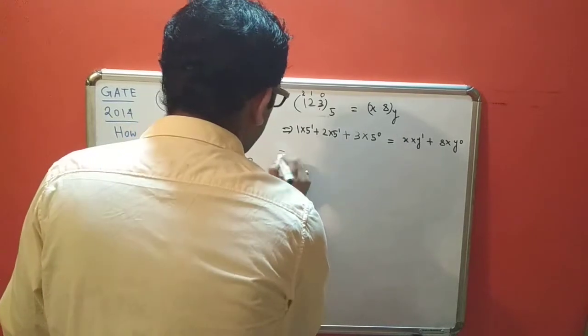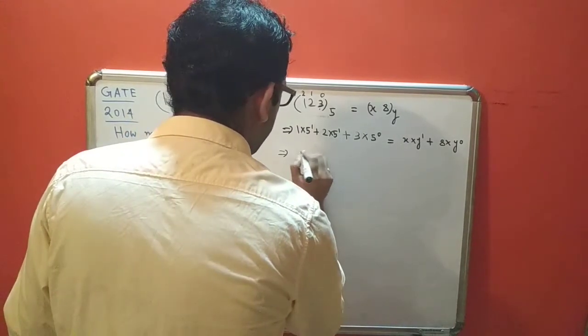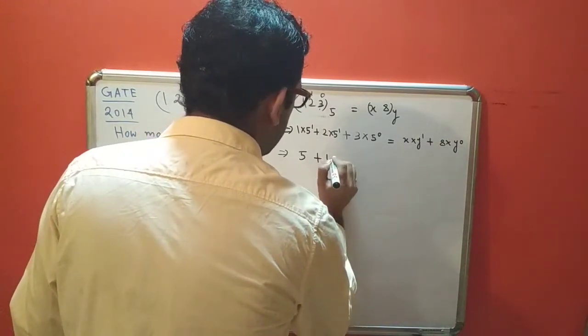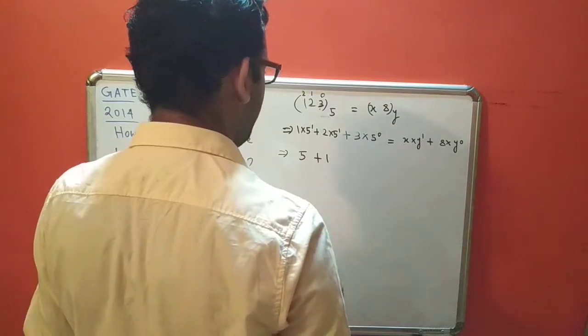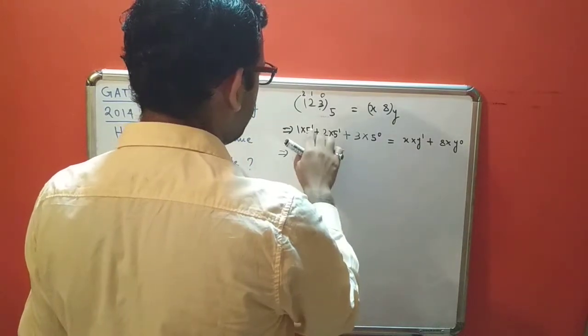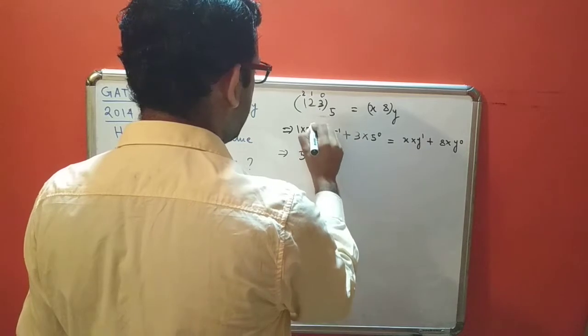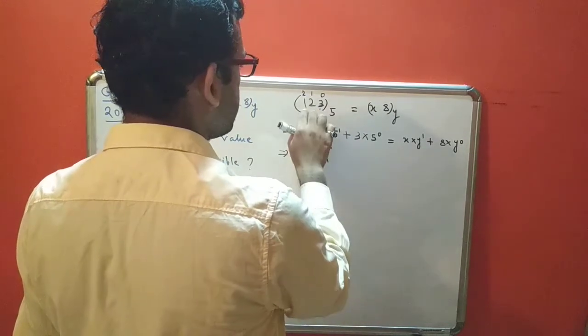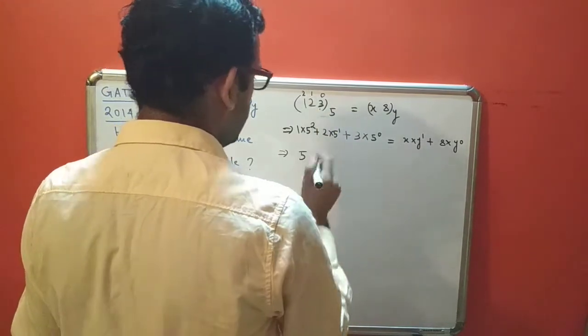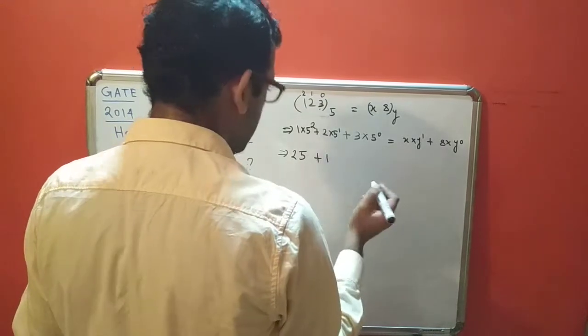So now if I do the calculation, no wait, I think I've made a calculation mistake myself. So I have 1 into 5 raised to the power of 2. This is 5 raised to the power of 2 because 1 has a positional weight of 2 in this case. So here I'll get 25. I'm sorry about that.